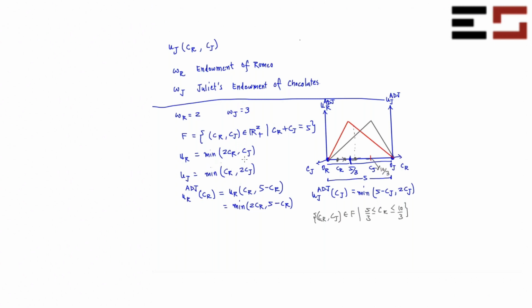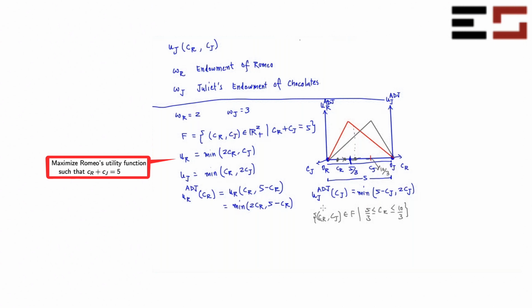What do you think Romeo will do? Out of these 5 chocolates, how much will Romeo consume and how much will he give to Juliet? Romeo will say, I'm going to consume 5/3, and I would want Juliet to consume 2 times what I'm consuming, 10/3. So this is the best allocation from Romeo's perspective.